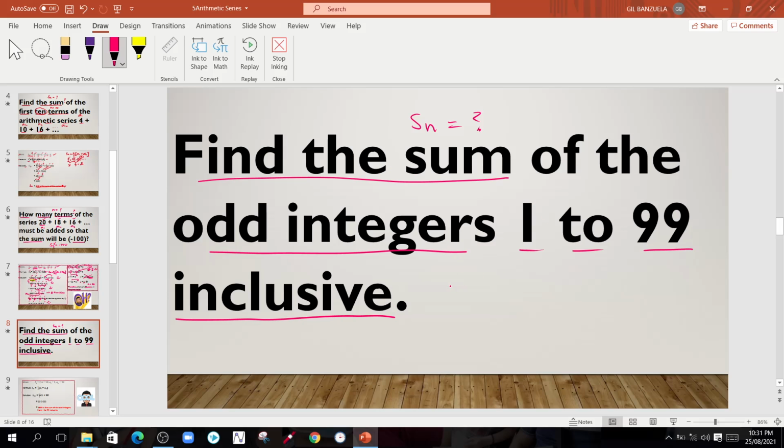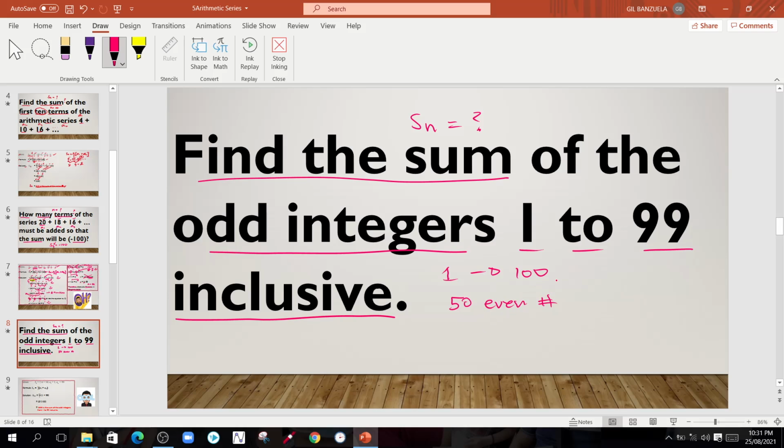Let's analyze. In the counting numbers from 1 to 100, we have 50 even numbers. I'm sure you'll agree: 2 to 100, that is 2, 4, 6, 8, 10, up to 100.